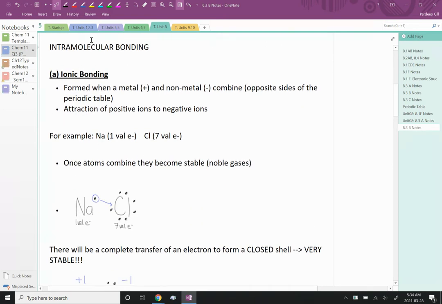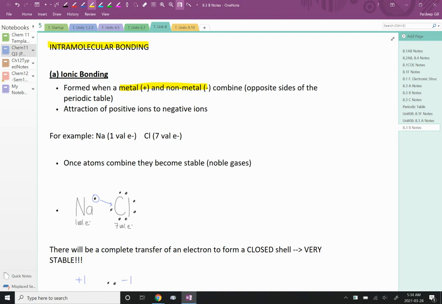The first type is intramolecular, and there are two types. There's ionic bonding and then there's covalent. Ionic bonding is when you have a metal and a non-metal that combine, and there are positive ions and negative ions.